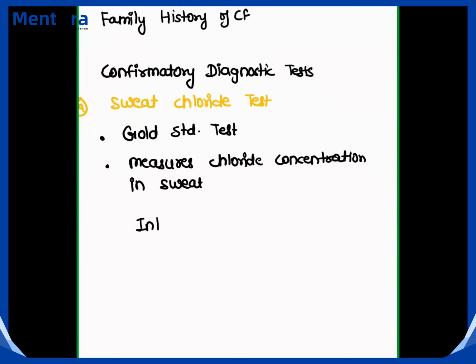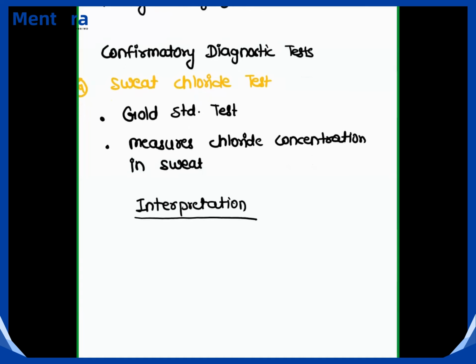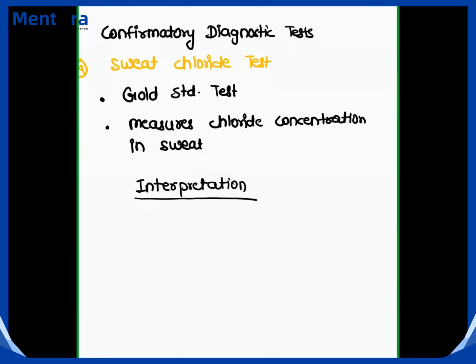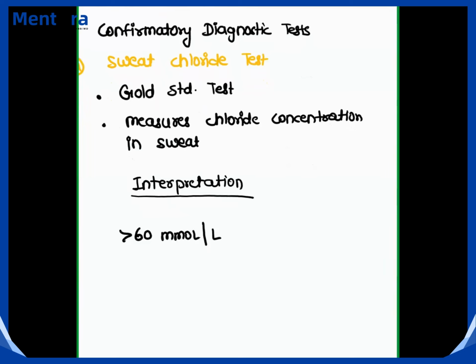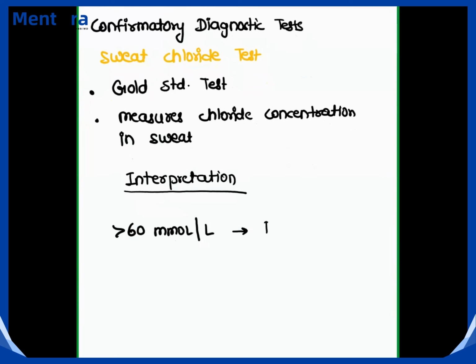What is the interpretation? When the value of sweat chloride is more than 60 millimole per liter, that is diagnostic of cystic fibrosis.